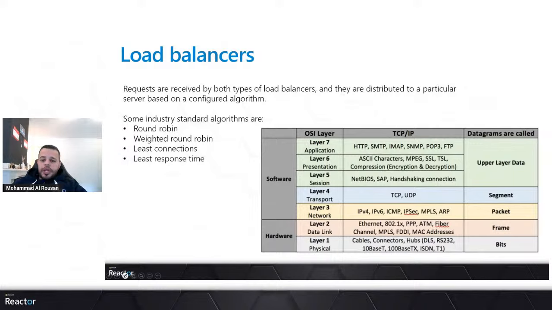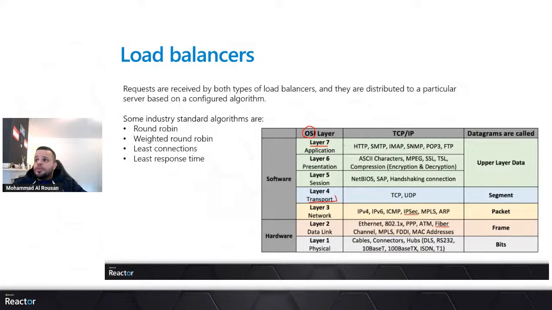Okay, before continuing with Kubernetes services, we should mention an important concept, which is the load balancer. So load balancers are generally grouped into two categories. Layer 4 load balancers operate on the transport layer, and we have layer 7 on the OSI model.